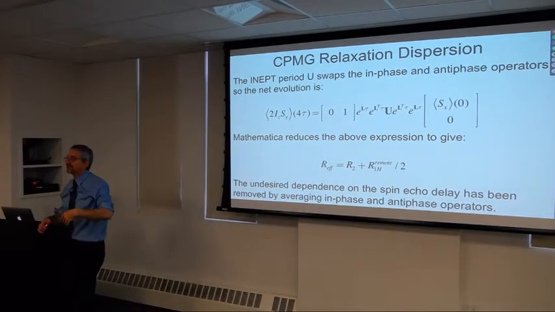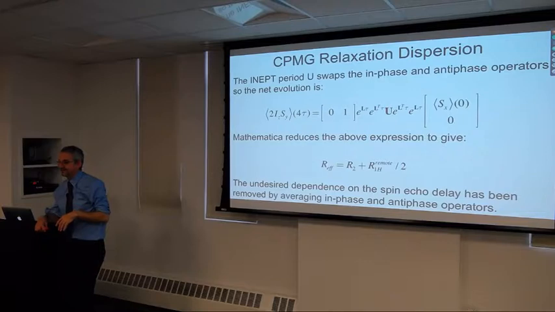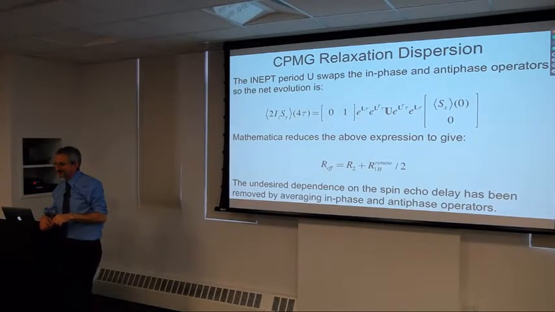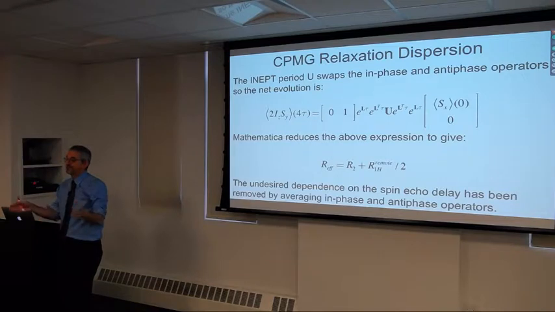It has the downside that we've made the rate constant larger, so the signal decays away a little more quickly, and we'll generally try to make that as small a problem as possible by deuterating, but we're no longer dependent on tau, and that's the key part. We can now vary tau to get the dispersion due to chemical exchange, but we no longer have a contribution from remote proton relaxation.